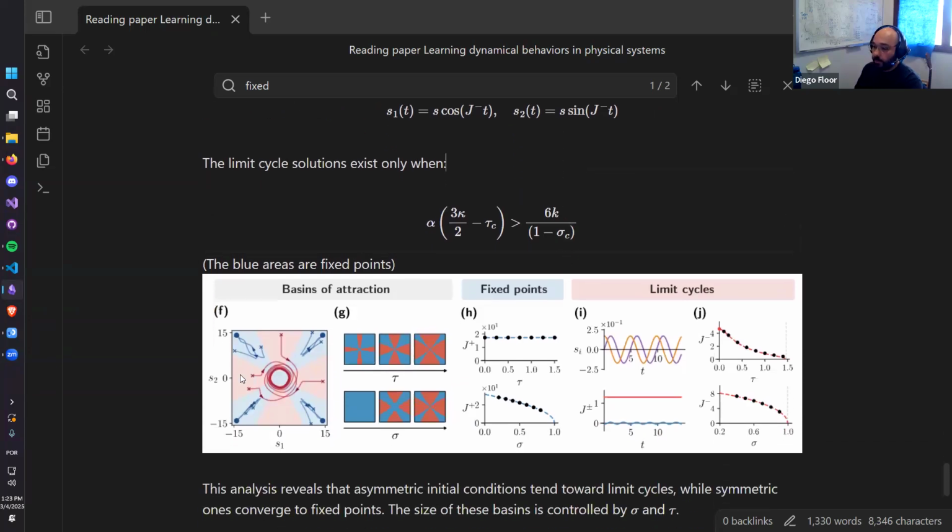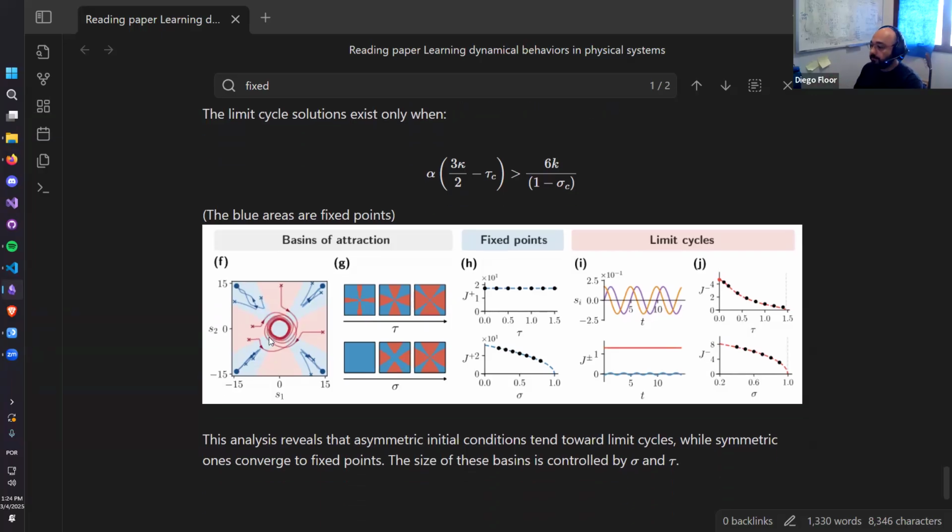So we can actually look at the phase space and see how that behaves. The blue areas here are the fixed points where the spins eventually evolve and stop, and the red ones are where they get stuck in some kind of cyclical behavior.